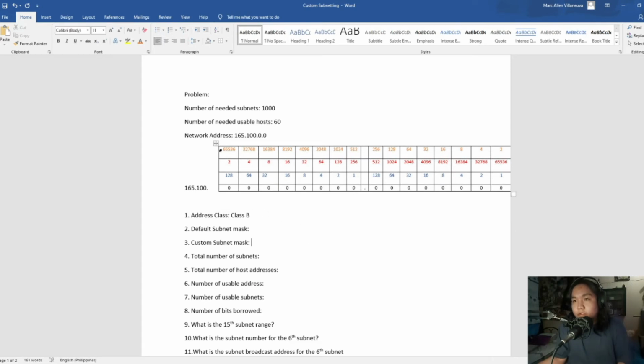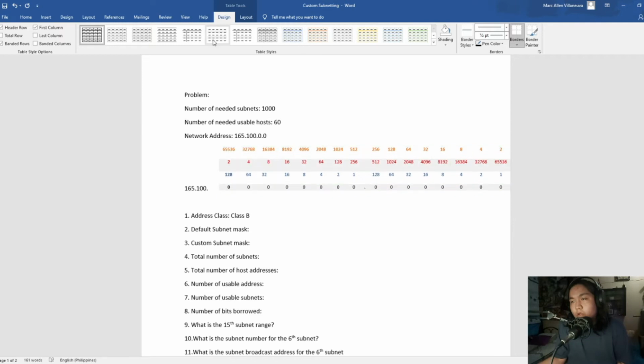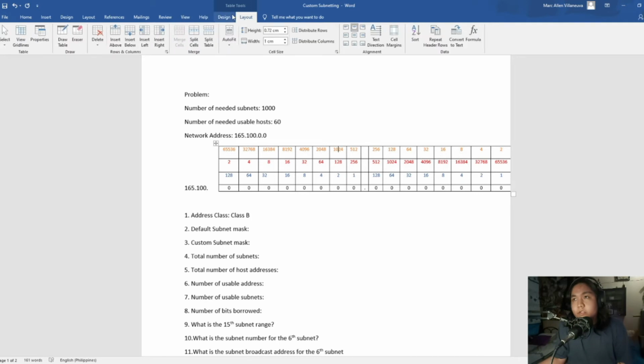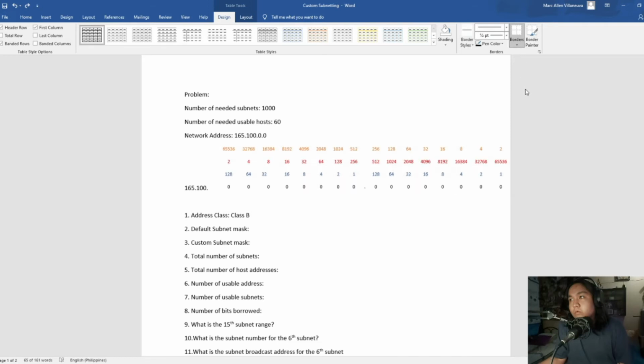Let's try to remove the shading. There, we have no border. Now proceeding.